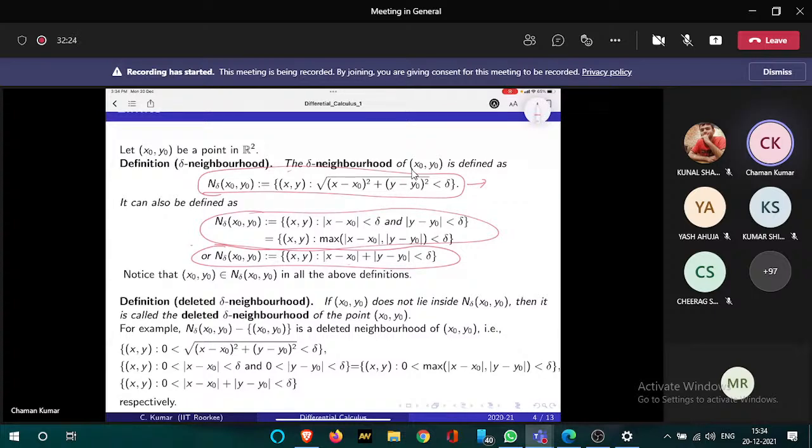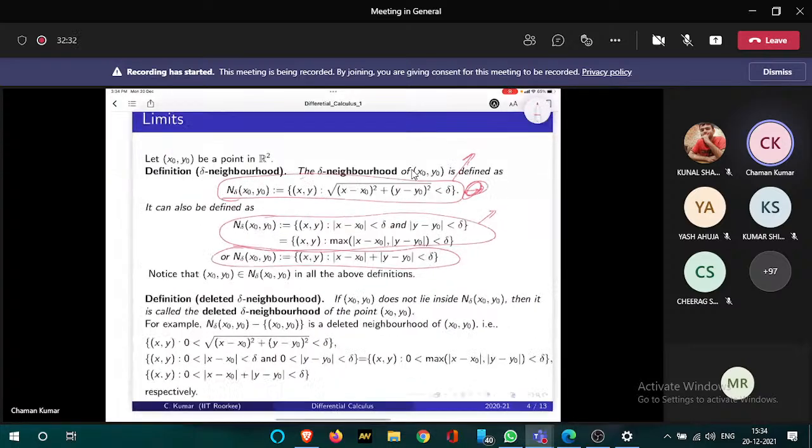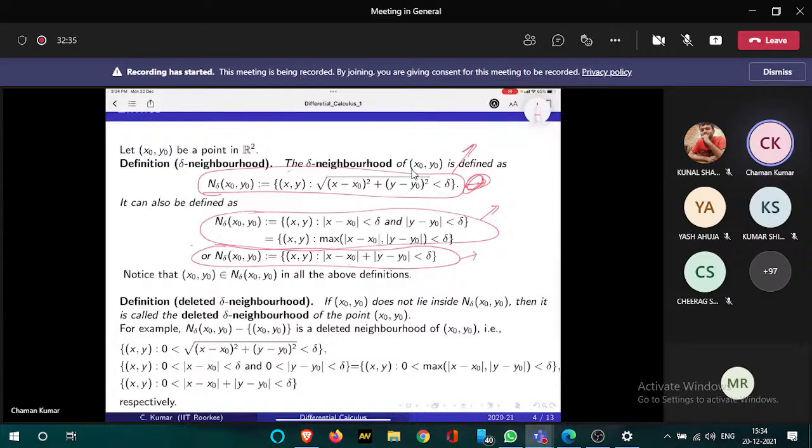So if you are solving something using the circle, the first definition, you can do the same thing using the second definition, the third definition, and so on, or using any shape. They will become equivalent. What equivalent means is something that you will learn in higher mathematics. So I'm not going to discuss all those things here. It will only confuse you and not help much, in fact. Fine.